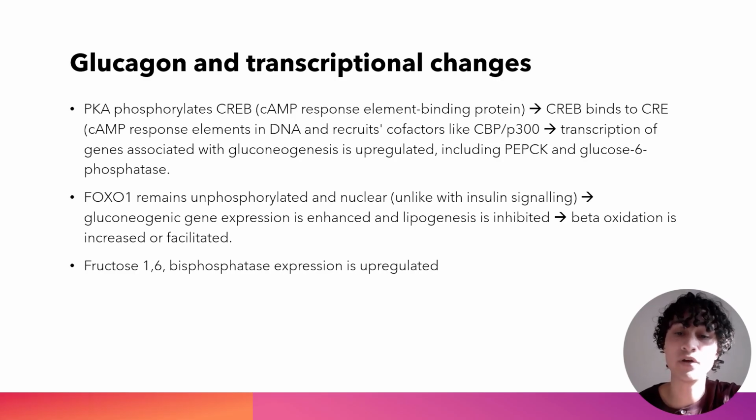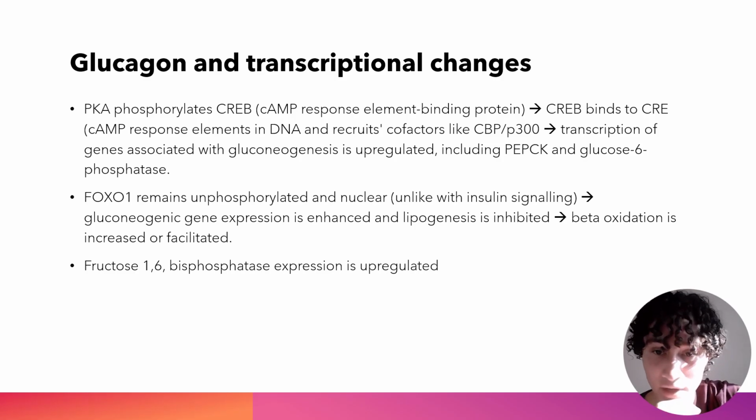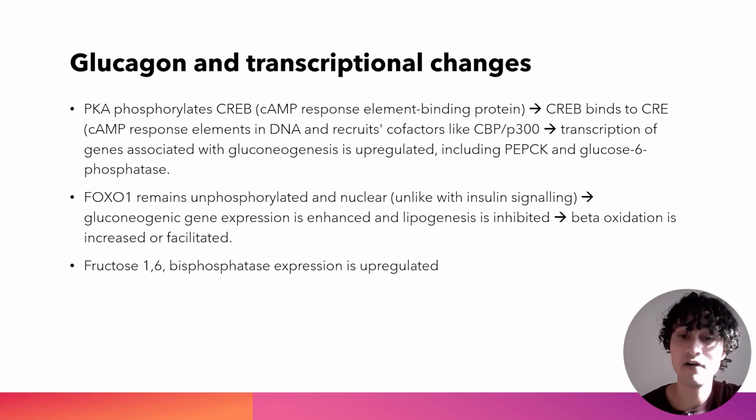But of course, gluconeogenesis is an anabolic process, so it requires a lot of ATP. But people who are on high protein diets, or people who might be fasting or having low carbs, might not have that dietary glucose availability to generate ATP. So then, of course, beta oxidation will be increased or facilitated, so our fat stores can then be used to generate energy.